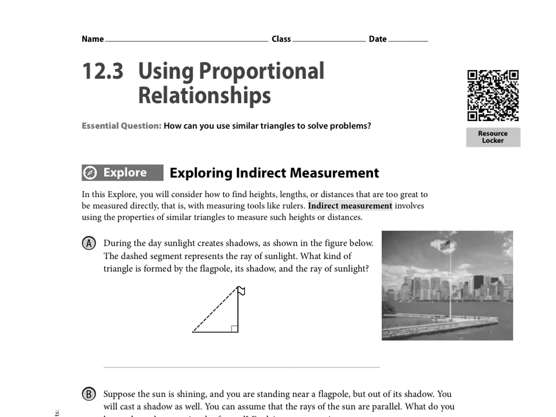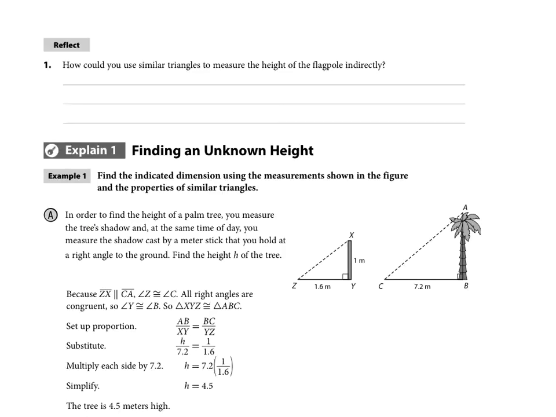Okay, so on the next page, I'm on page 654 here. With Explain 1, we're finding an unknown height, and we're trying to find the height of this palm tree over here, which is the height AB. There are some heights that we know and some shadows that we can see and actually measure along the ground.